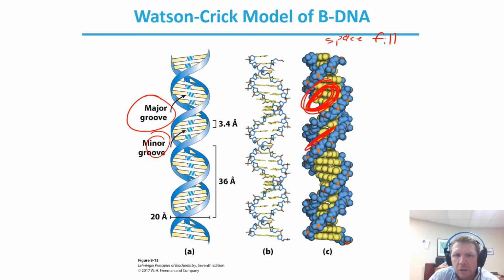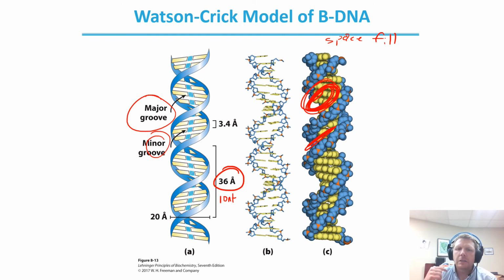Now, what this 10 angstroms corresponds to is the height of 1 full rotation, and there are approximately 10 nucleotides in that full rotation. 1 base pair, or the distance between these 2 base pairs, is approximately 3.4 angstroms.